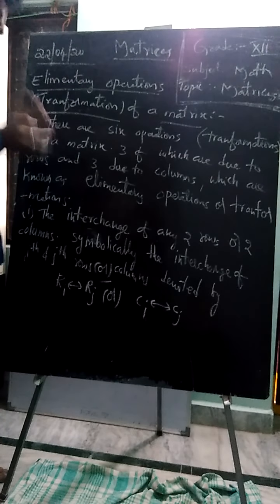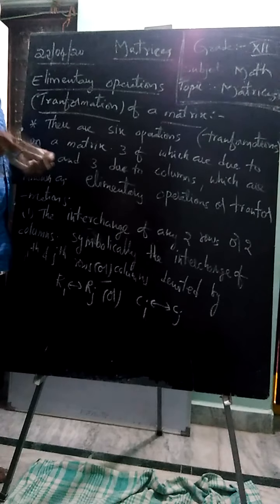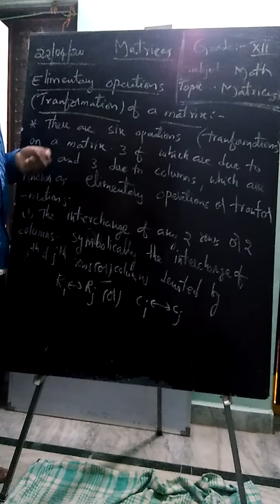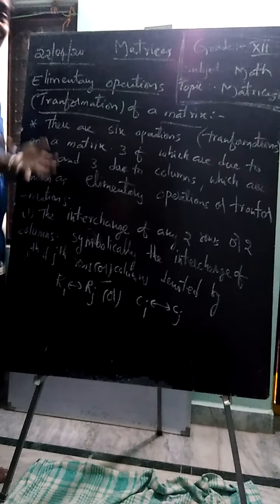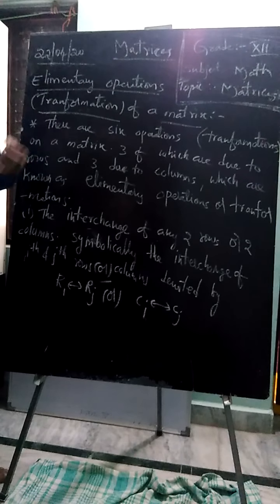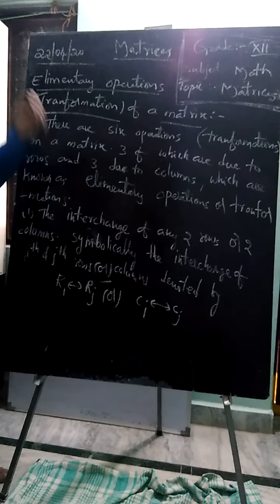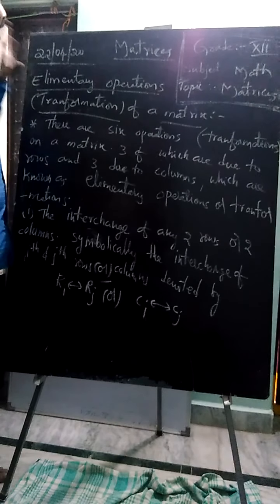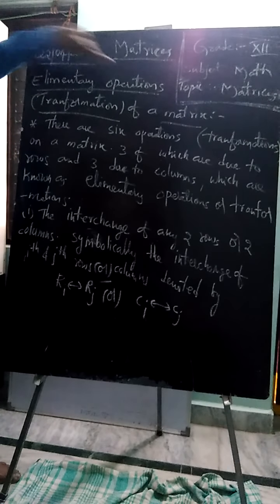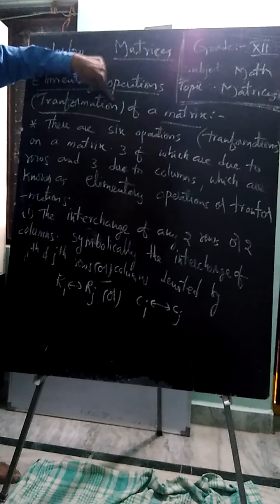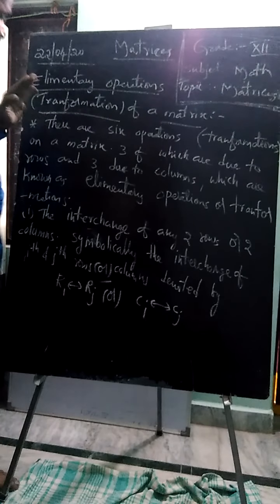Yes, students, till now you have learned about transpose of matrices and its applications. Now let us discuss the inverse of a matrix, if it exists. But before learning about inverse of matrices, you have to learn about elementary operations or transformations of a matrix.